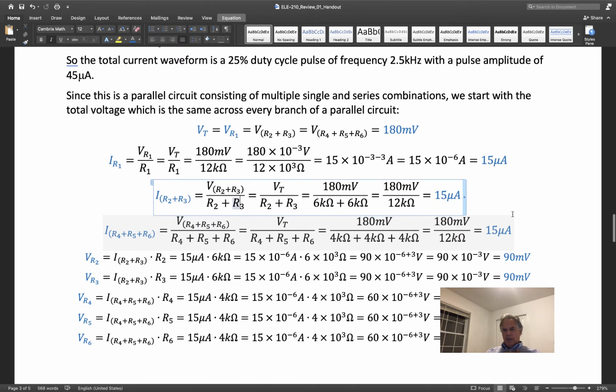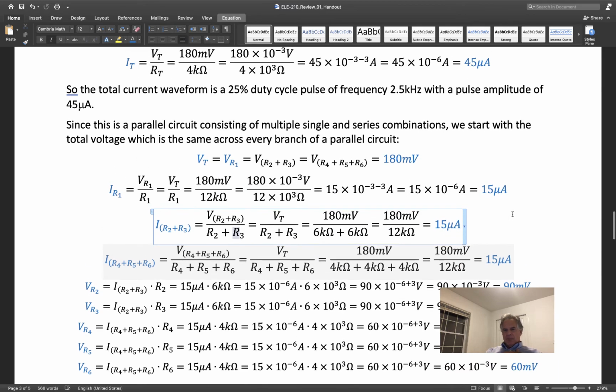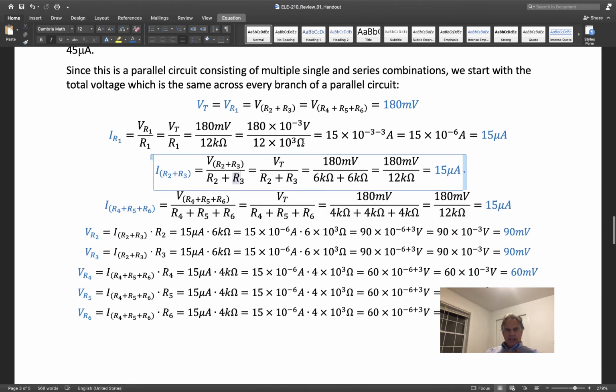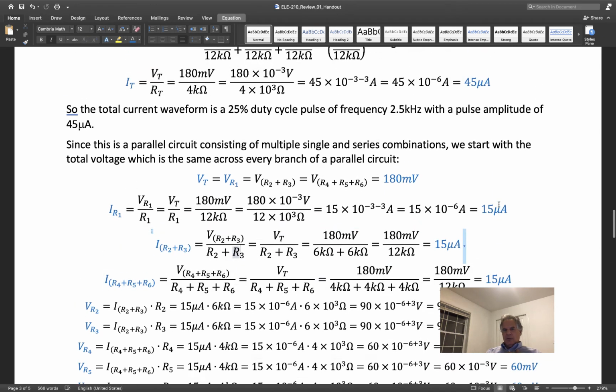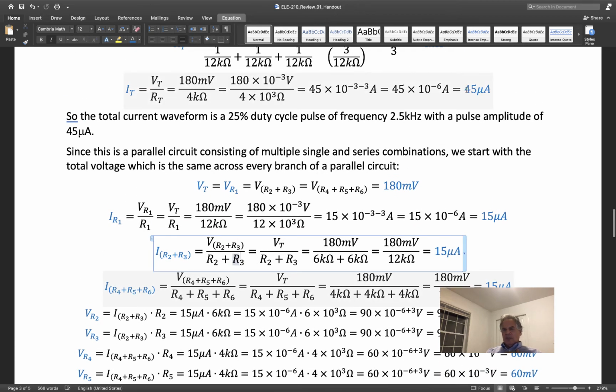I didn't go out of my way here to add these up, but if I add up IR1, I of the series combination of R2 and R3, and I of the series combination of R4, R5, and R6, 15 microamps plus 15 microamps plus 15 microamps gives me 45 microamps.